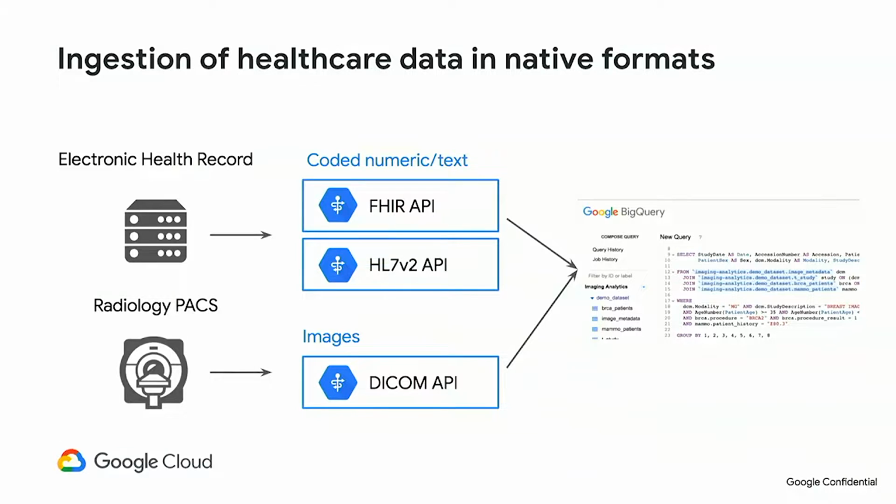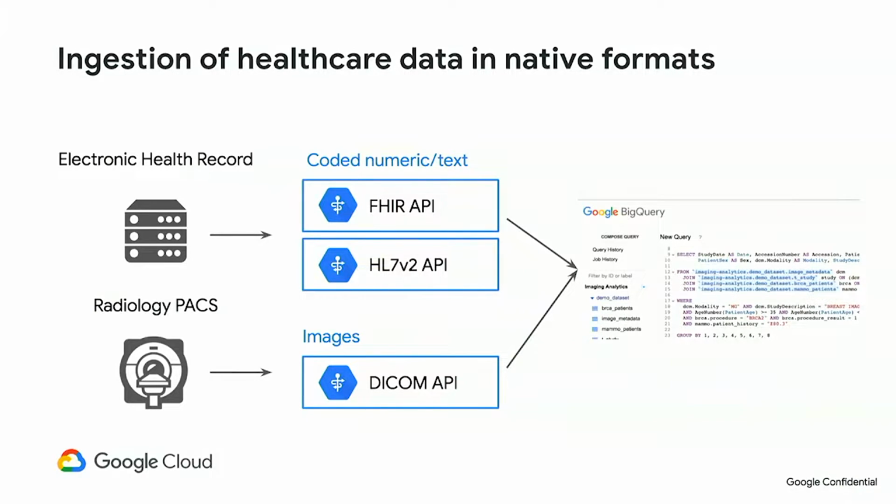So, as you've probably heard this week, we've been delighted to announce that our healthcare API has moved to beta. And what that means is now you can ingest healthcare data into Google Cloud Platform in its native formats. In FHIR, not too many people yet are using FHIR, ingesting it directly in FHIR form into Google Cloud Platform, but we're starting to see that as customers are upgrading their EMR versions to the latest versions that support FHIR interfaces.